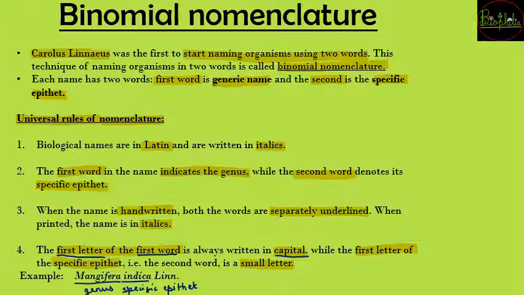So you can see Mangifera indica has the first letter capitalized, and second word ka first letter is going to be in small characters. Now here you can see a word that is LINN. Now this LINN is going to represent that this name was actually given by Carolus Linnaeus.